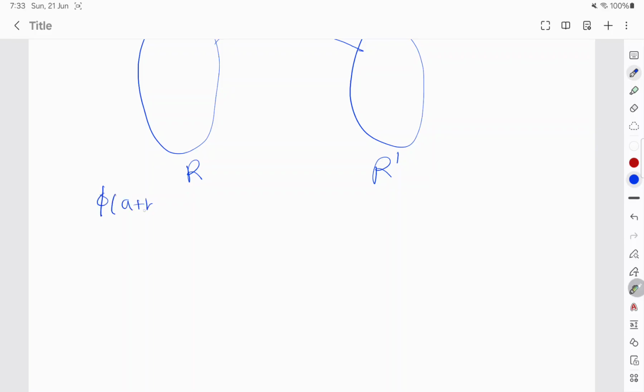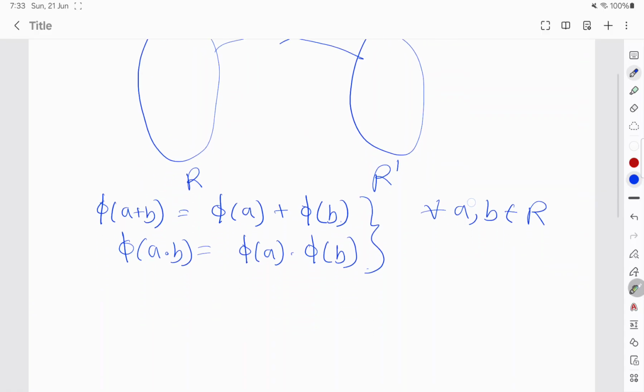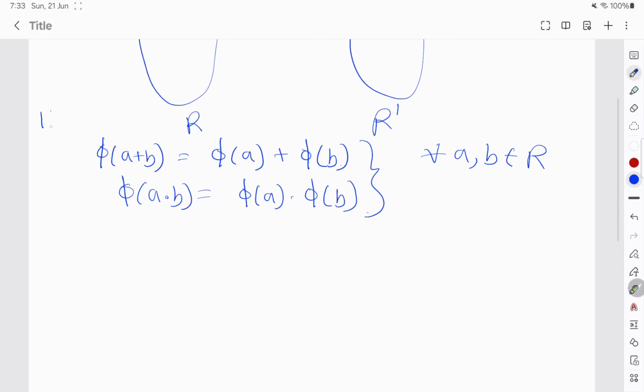Phi of a plus b will be phi a plus phi b for all a, b belonging to R, and one more property, that phi of a dot b equals phi a times phi b. So if these two properties are satisfied, then we call this a homomorphism. This definition you have already noted earlier.